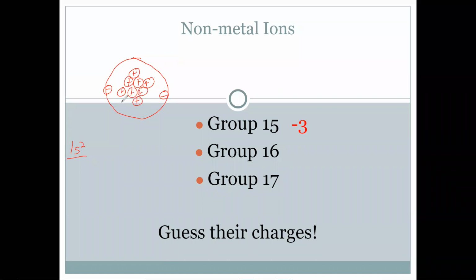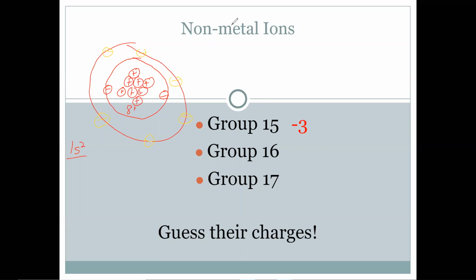Oxygen has 8 protons, so that's 8 positives in the center. It's still going to have those inner shell 2 electrons, but it also has that outer shell. And so that outer shell for oxygen in neutral state is going to contain 6 because it's in group 16. So we have 1, 2, 3, 4, 5, 6.